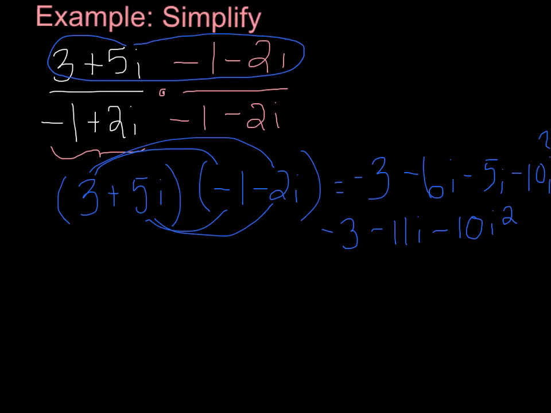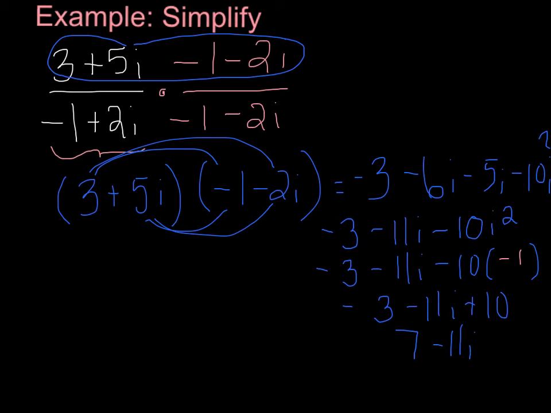Now remember, i squared must be replaced with a negative 1. So negative 3 minus 11i minus 10 times negative 1. Okay, so that will become negative 3 minus 11i plus 10. So 7 minus 11i. So that's what you get for the numerator.